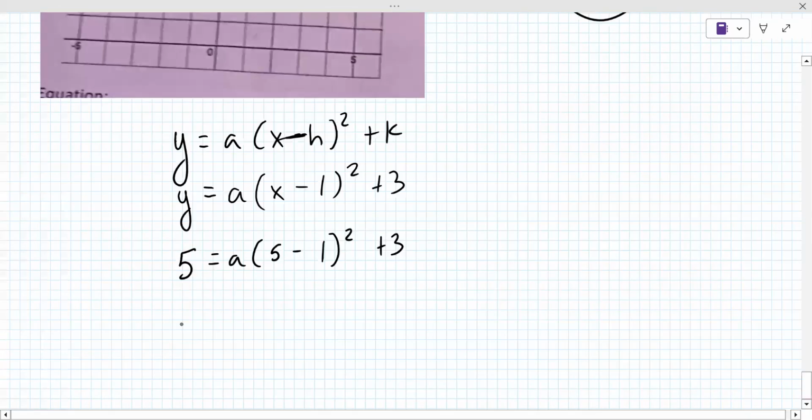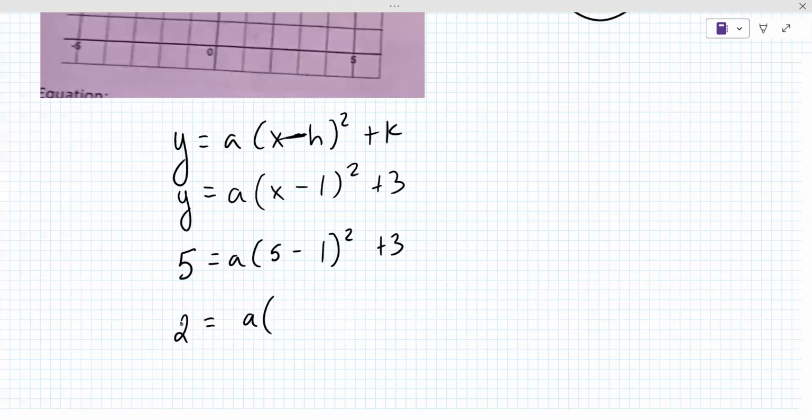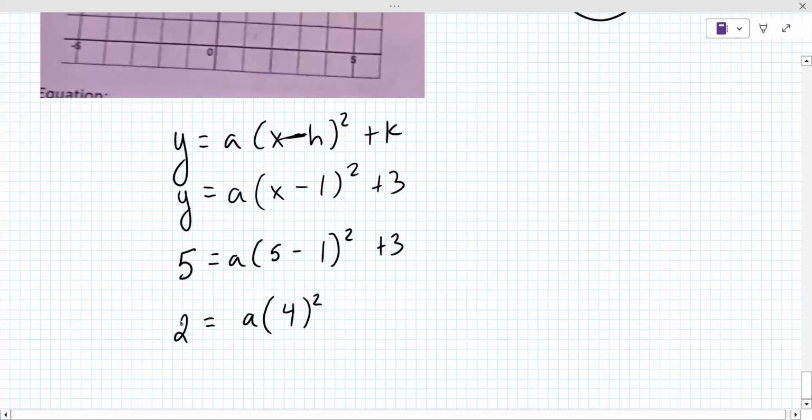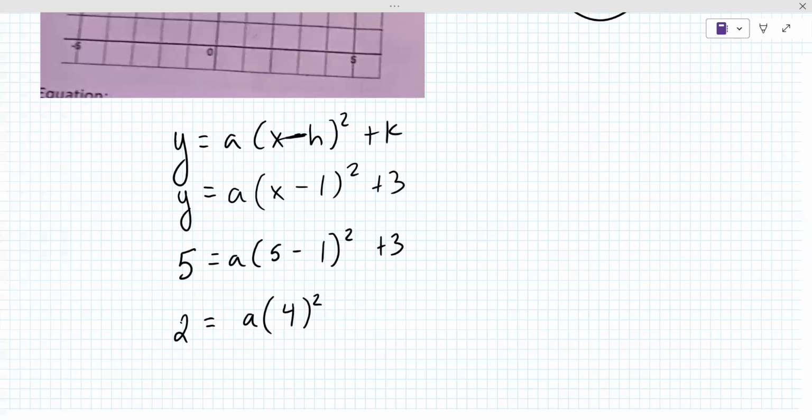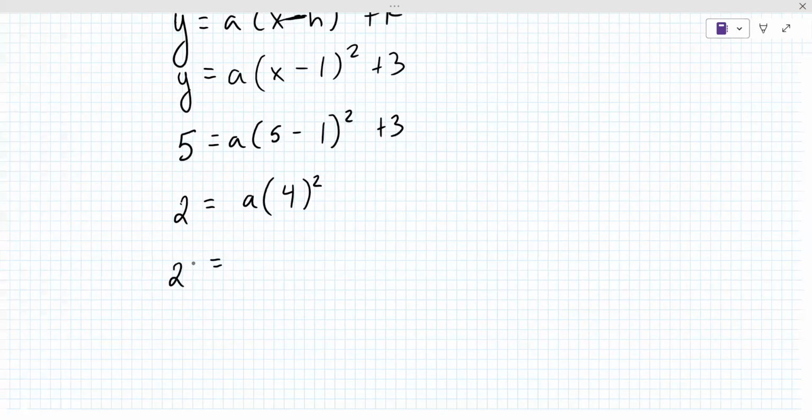How would I reduce that again? Subtract 5 minus 1 squared. Right, 5 minus 1 is 4. That's what I'm currently at. So where it says 2 equals a 16. Okay, so 16a, probably a little better to write it, and then you divide both sides by 16. So then would that just be 1/8 a? Yes. Or a equals 1/8, I mean.